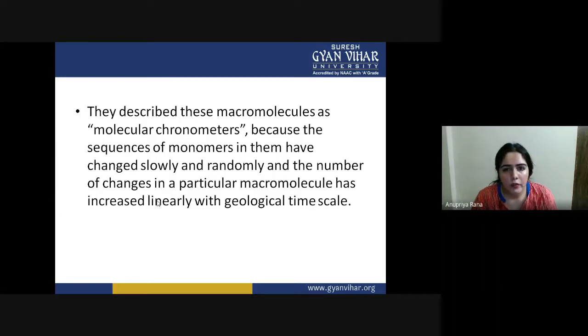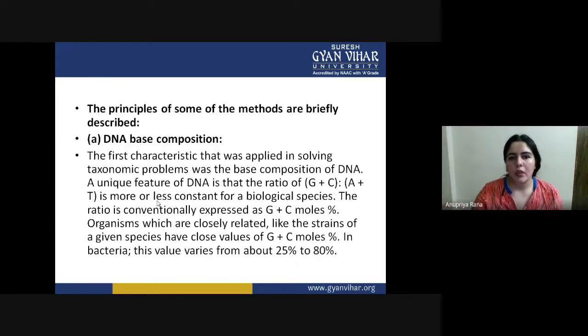The variation inside them, the changes made from past time, can be analyzed by reading them out, and on the basis of these changes we can make a taxonomical parameter to classify things.